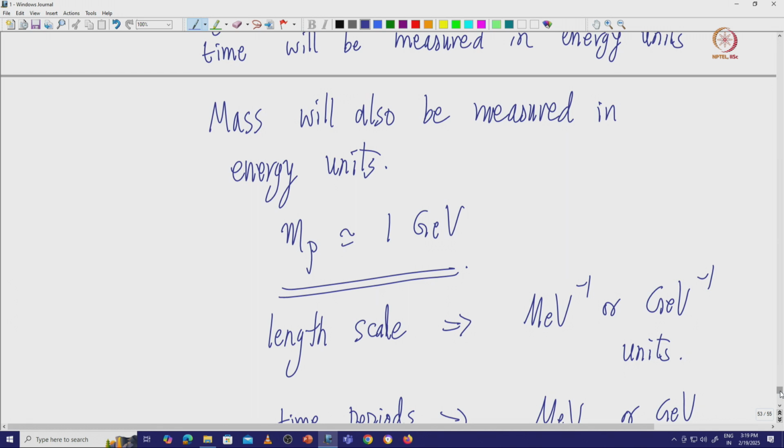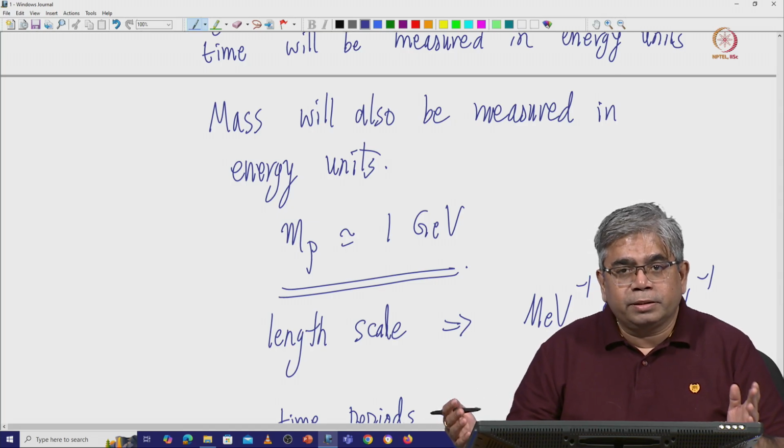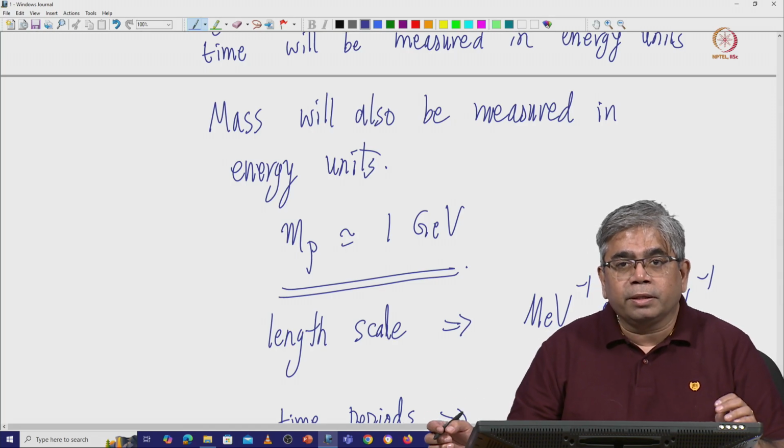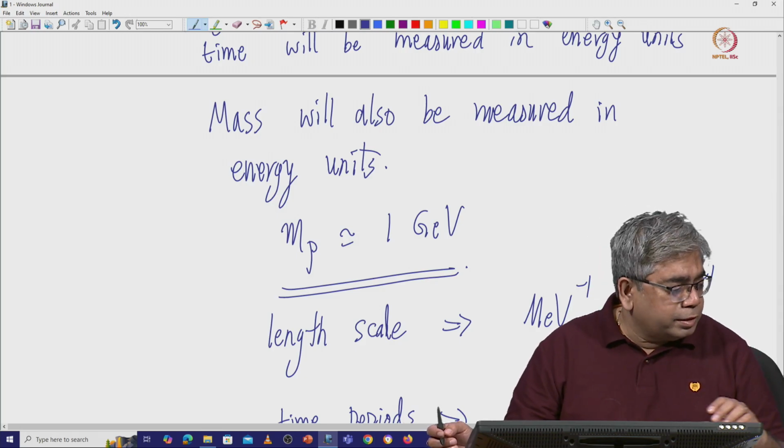There is an exercise assignment problem where you convert many well known objects into natural units.